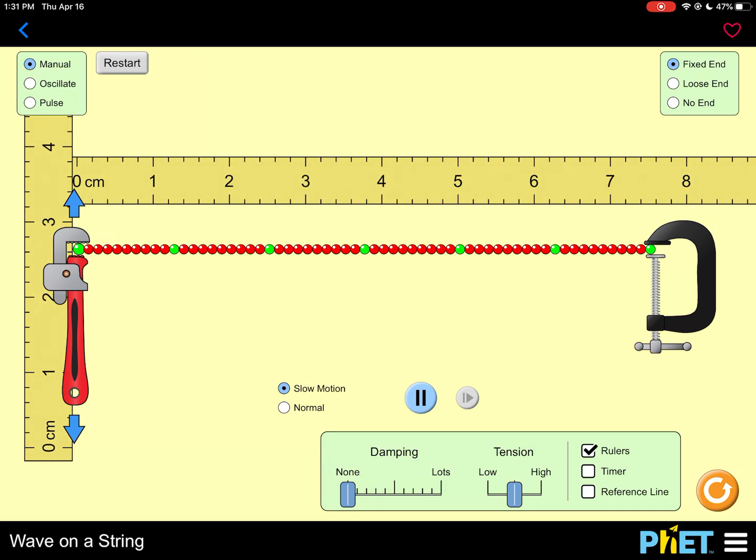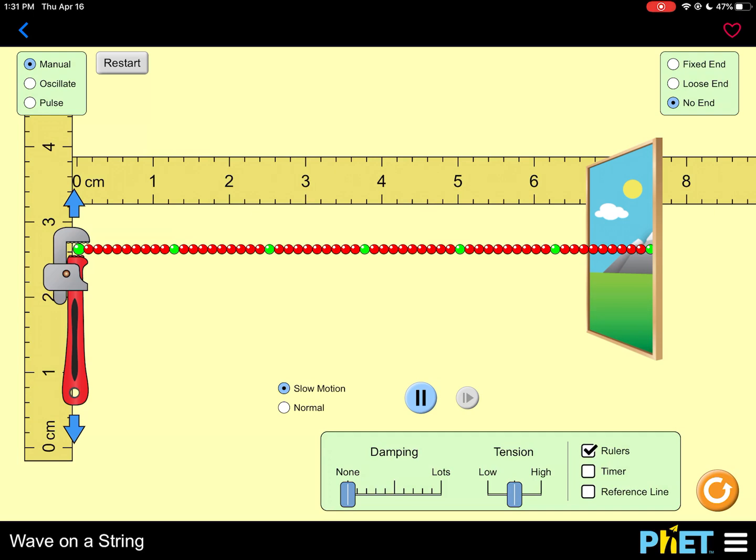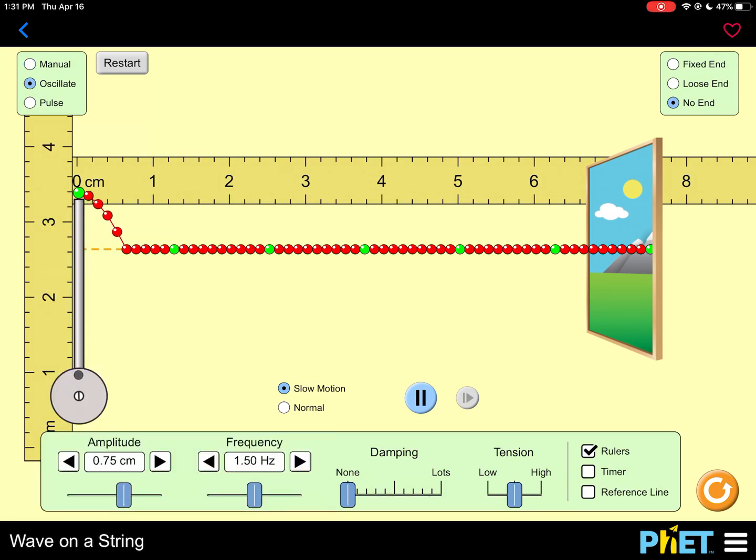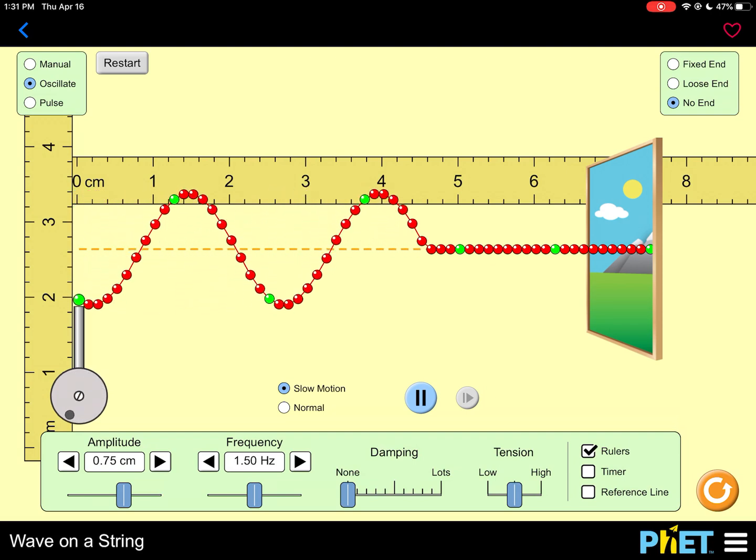Okay, other things we need to change. I change it to slow motion because when it's on normal, it goes too fast for me to be able to pause it at spots where I want to pause it. I'm also going to change it up on the upper right here to no end so that the wave doesn't interfere with anything else. And then I'm going to change it to oscillate in this top left. Now the wave is oscillating at a constant rate.